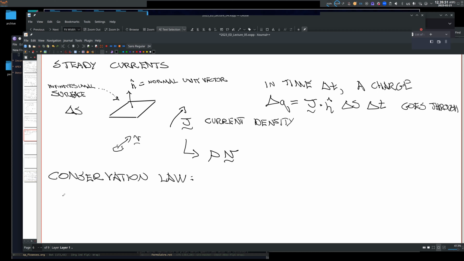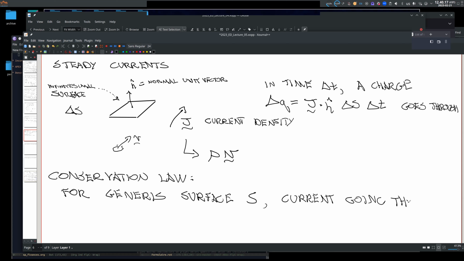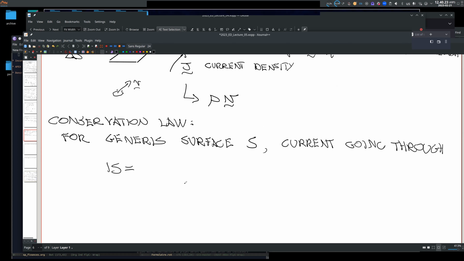So let's see how we codify this. For a generic surface S, it can be closed, it can be open, the current going through it is given by, let's call this I. It's the integral over my surface of my differential surface elements dA dotted with the current density through it.